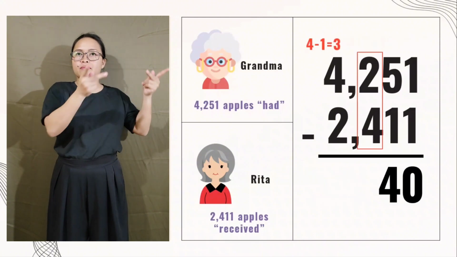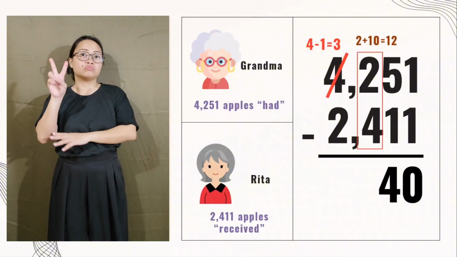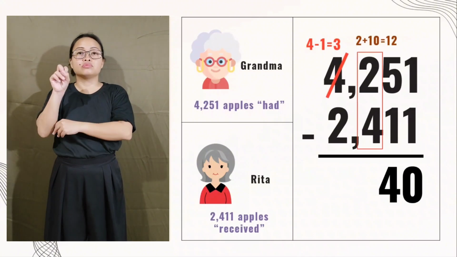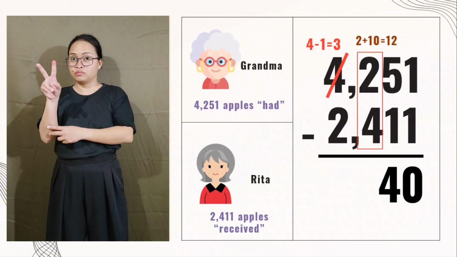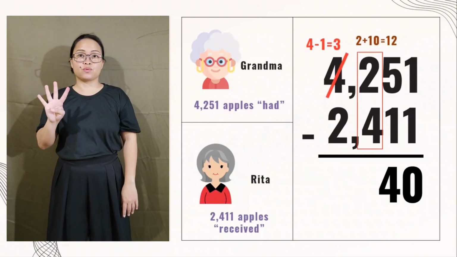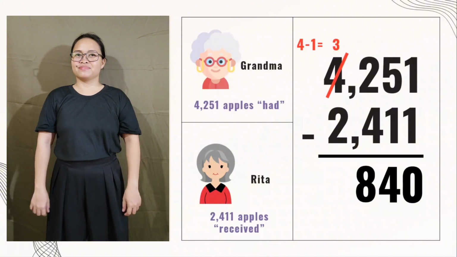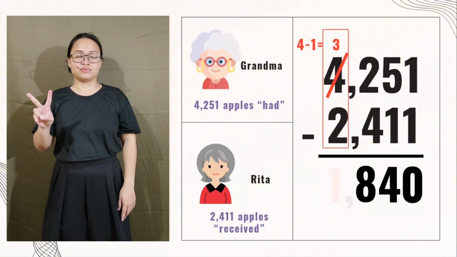So 4 becomes 3 and 2, which will be added with 10, will become 12. So 12 minus 4, that would be 8. And lastly, 3 minus 2, that would be 1.